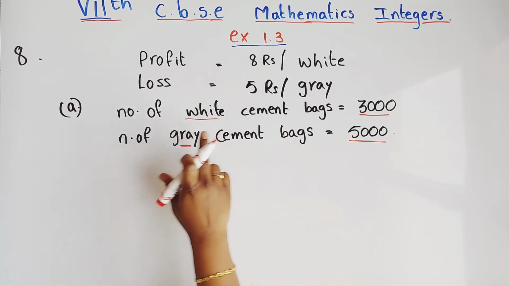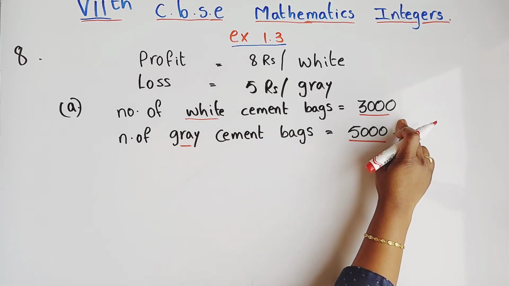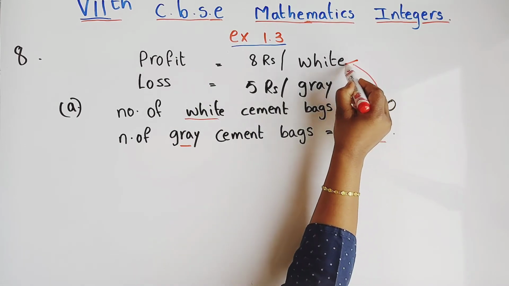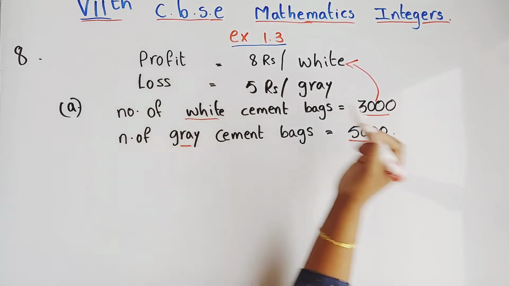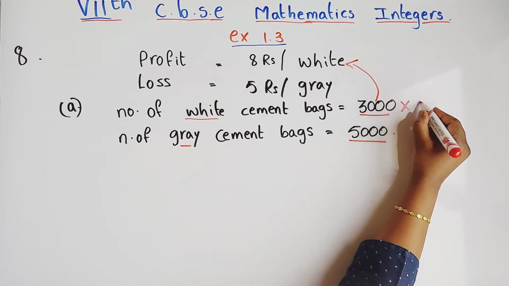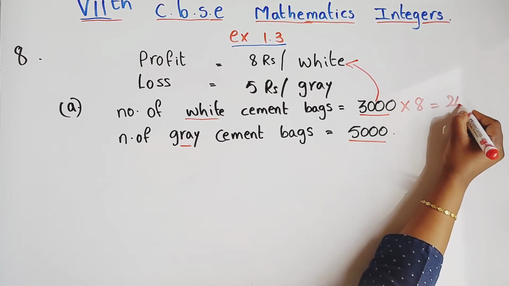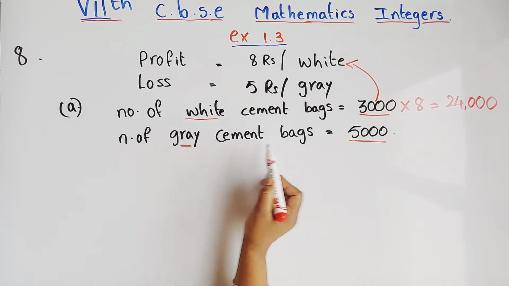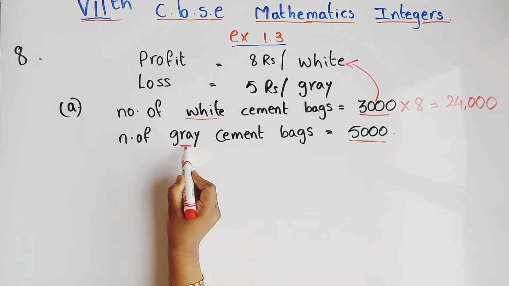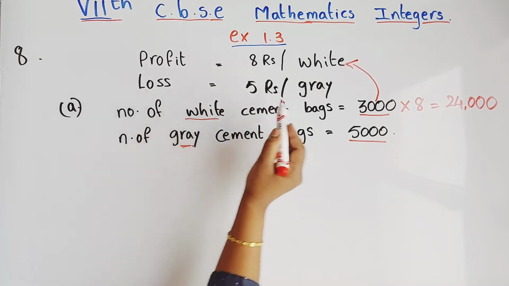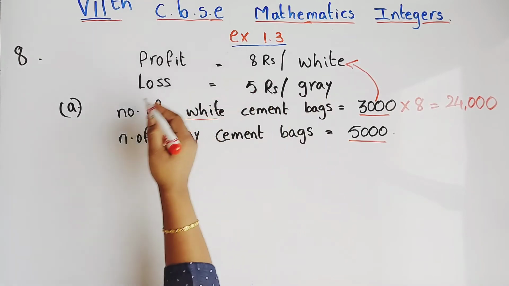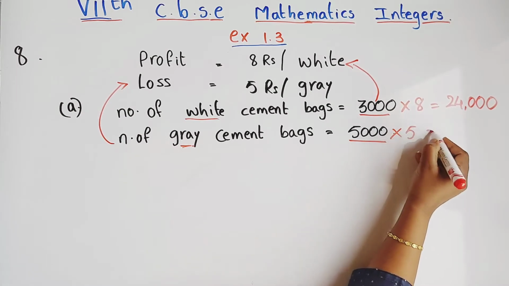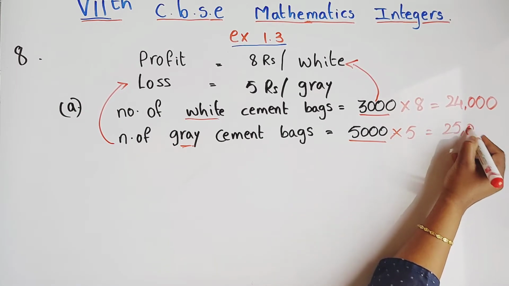So, here number of white cement bags is 3000, children. White cement means it is 8 rupees profit. So, 3000 into 8, that equals 24,000. And number of grey cement bags is 5000. Grey means 5 rupees per grey bag is loss. So, 5000 into 5, it is 25,000, children.